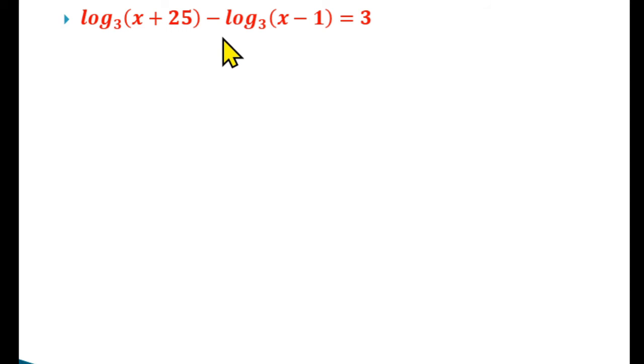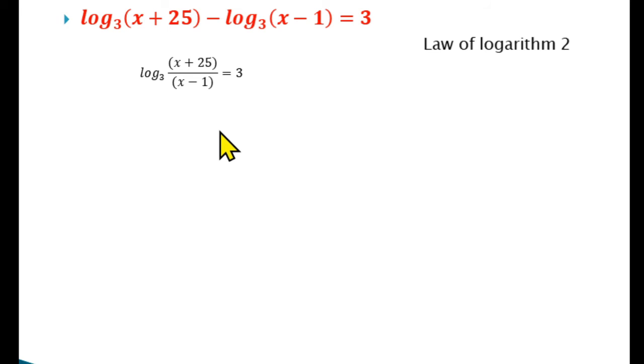And in the law of logarithm, subtraction is equivalent to division. So applying the second law of logarithm, we have the logarithm of the quantity x plus 25 divided by the quantity x minus 1 base 3 equals 3.